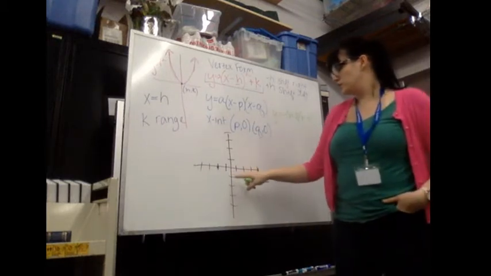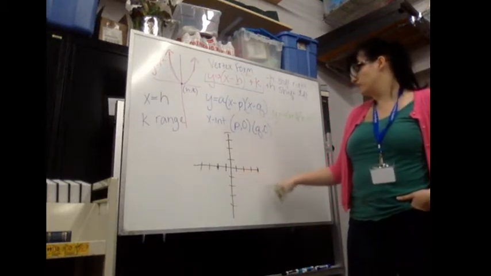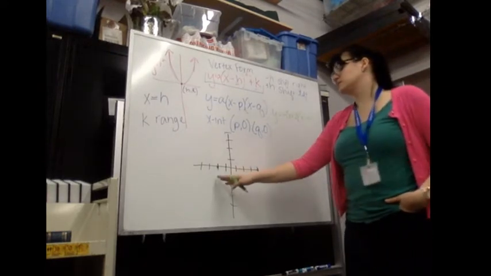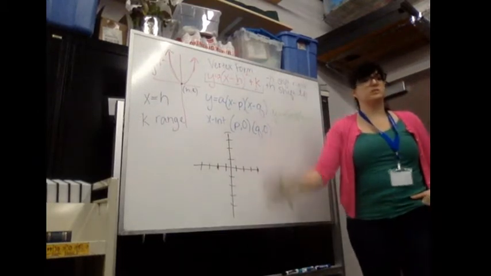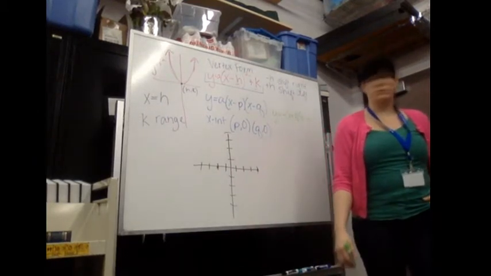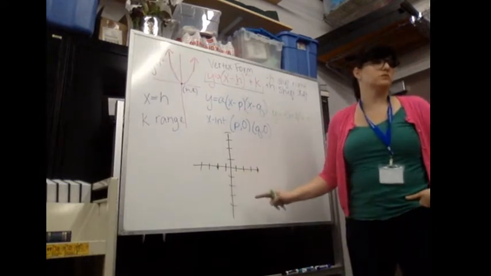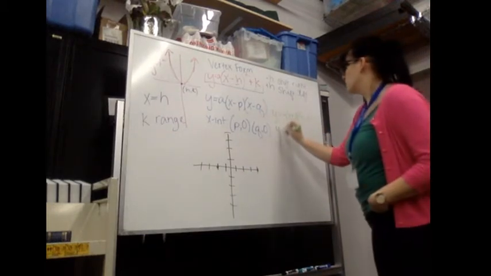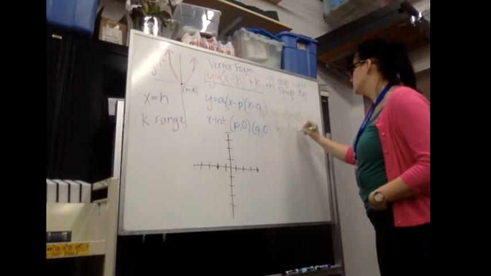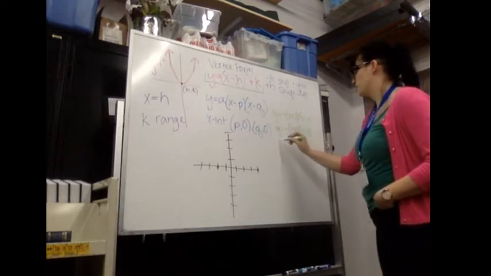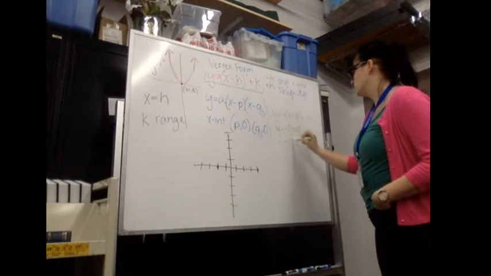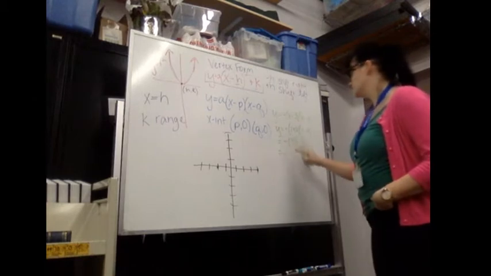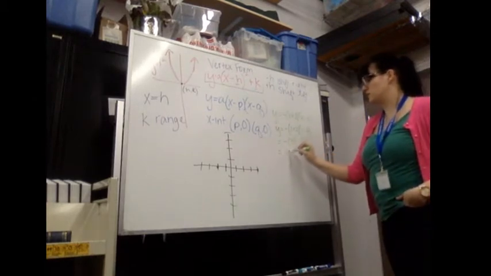So, 1, 2, 3, 4, 5, 6. There are 6 spaces, distance in between these two. The axis of symmetry is going to be dead in the middle. So I know my x value is going to be 3 away from each one of them, right? It's going to be 1. If I plug in 1 right here, y equals negative 1 plus 2 times 1 minus 4, which equals negative 3 times negative 3, which equals, this was negative 9, positive 9.